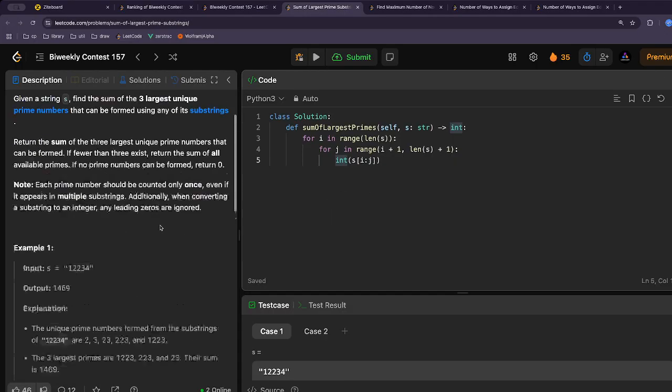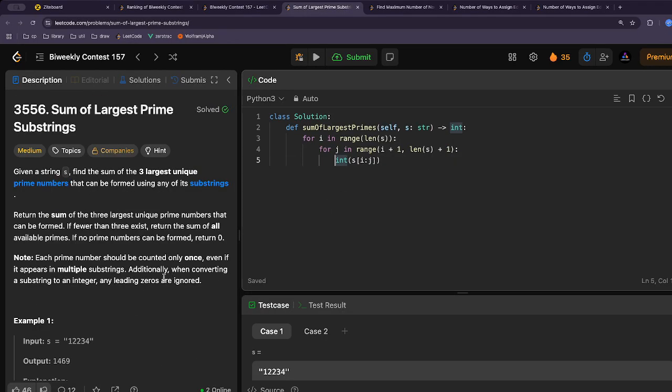Because it says that we should ignore leading zeros, and that's how the usual parsing of integers works. So we don't have to worry about that. And so if the number is prime, then we can add it.